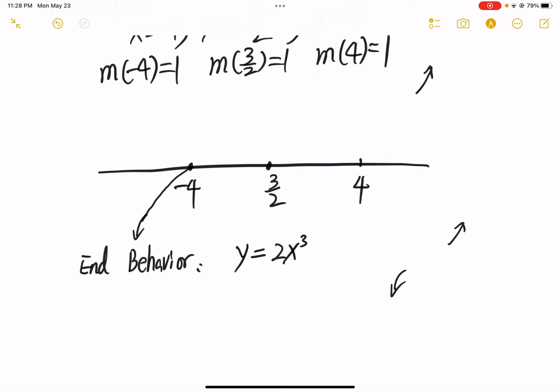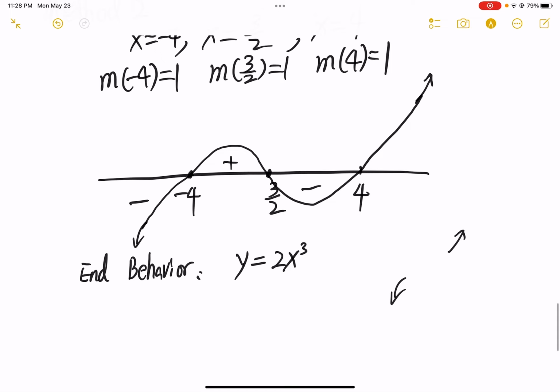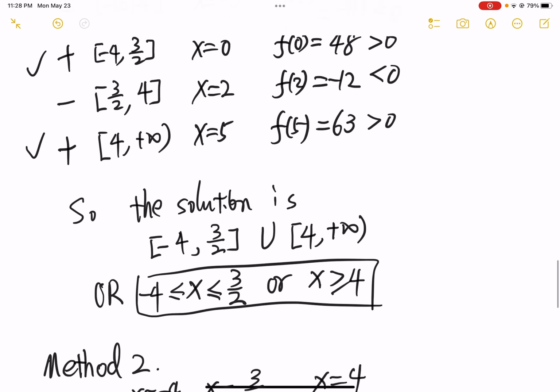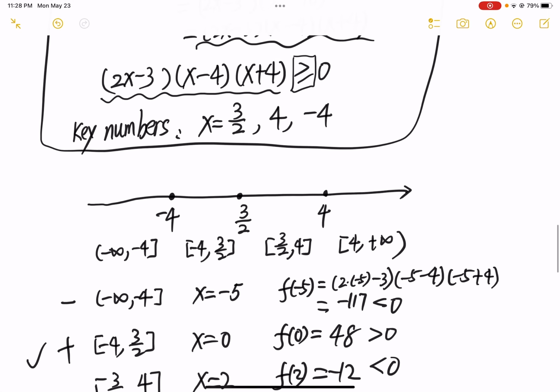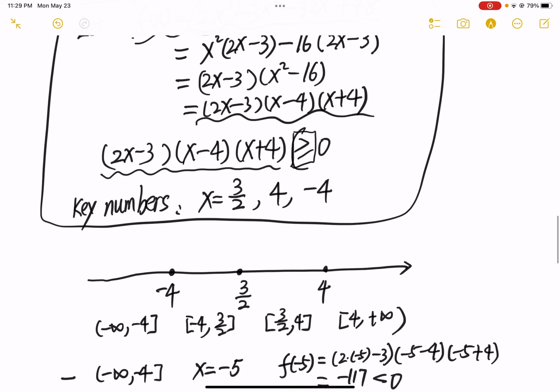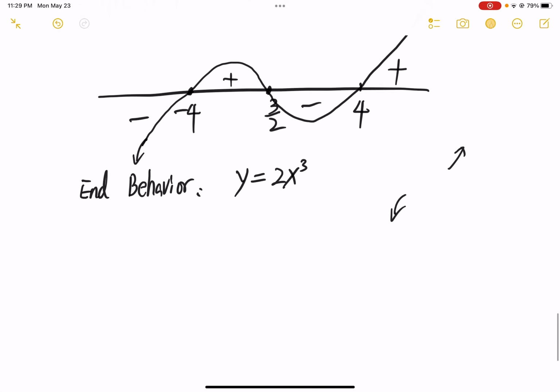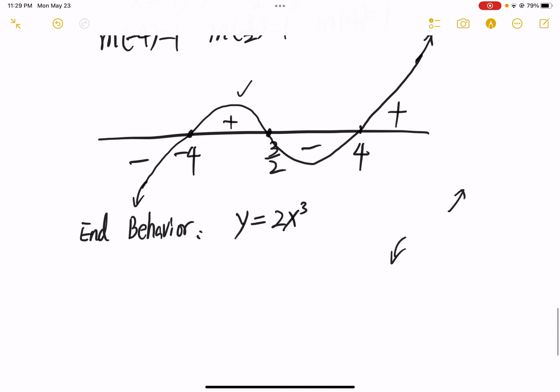So we will cross to here. Here is negative because the curve is below the x-axis. Here is positive, here is negative, here is positive. Our aim is greater than or equal to 0, so we need this part and this part.